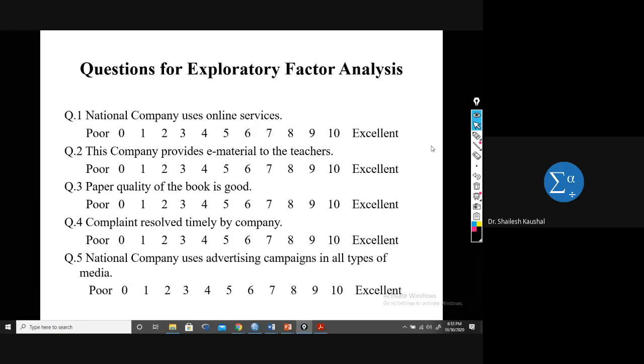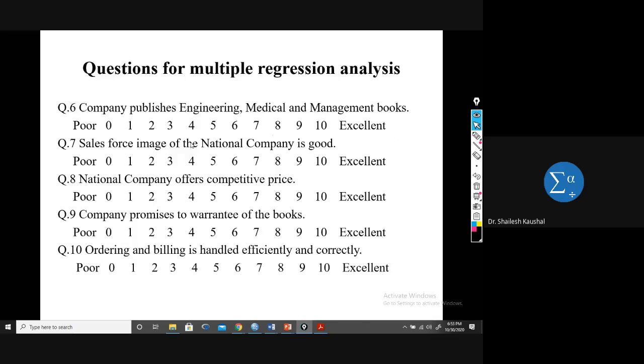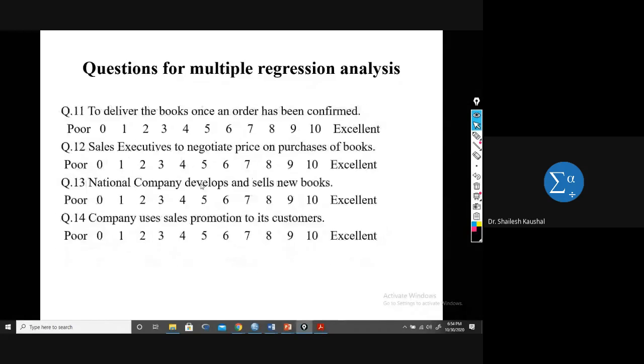The unit should be the same. If the unit is different, then we standardize our questions. These are the questions we will use: the company publishes, engineering, medical, management, all the questions on the same scale.